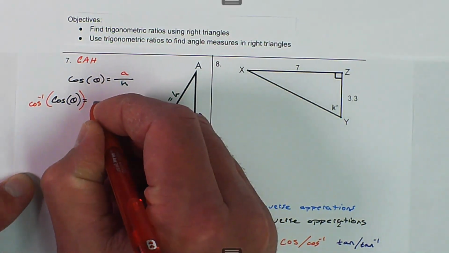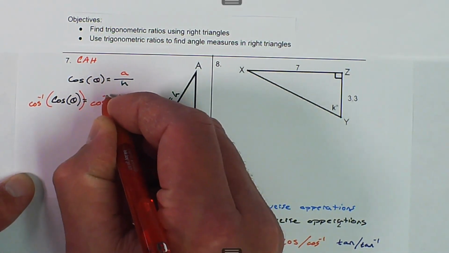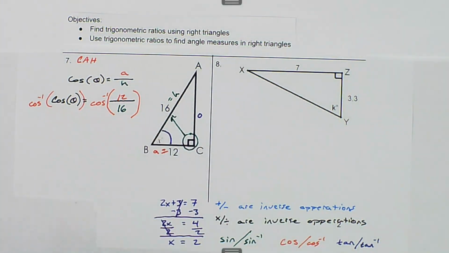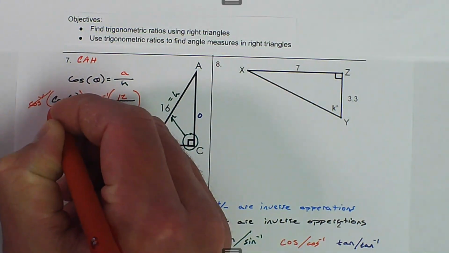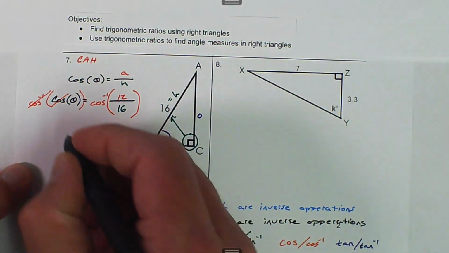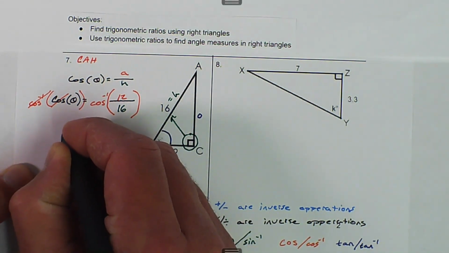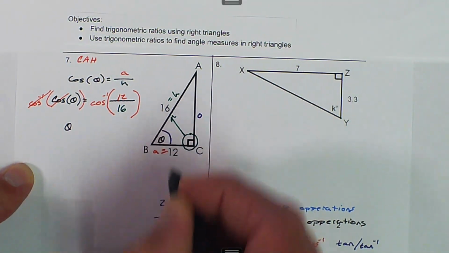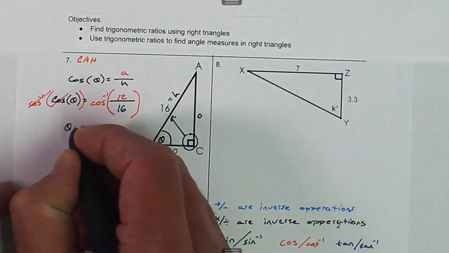Whatever we do on the left side, we have to do on the right side. So our cosine inverse cancels the cosine, and we're left with just theta, or just our angle x. That's the angle we're trying to find.